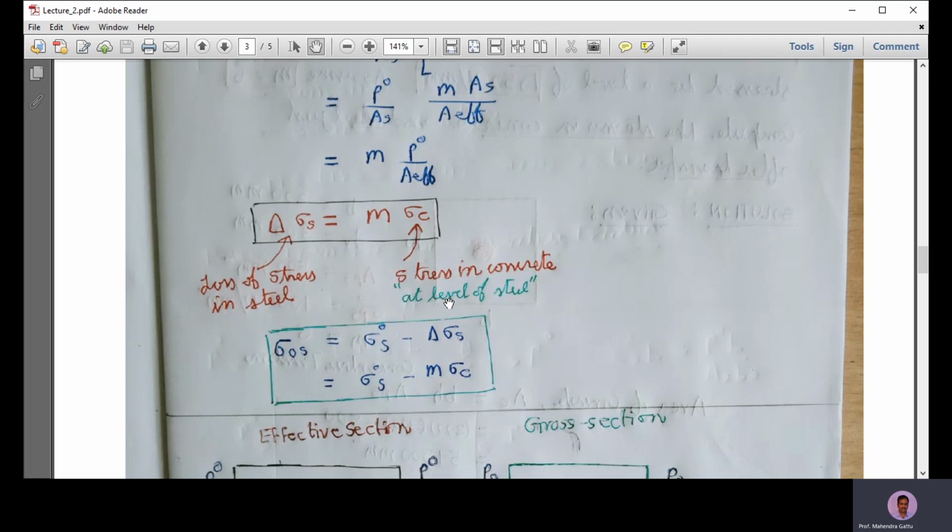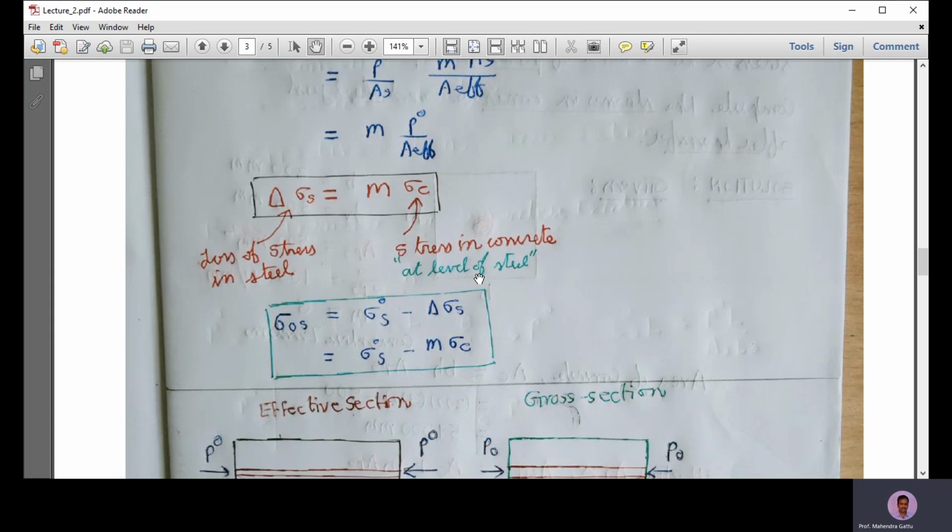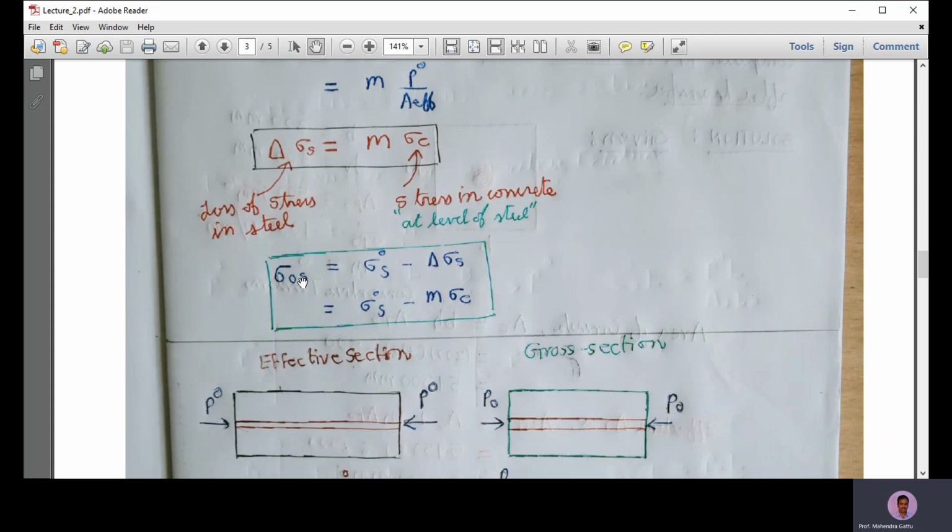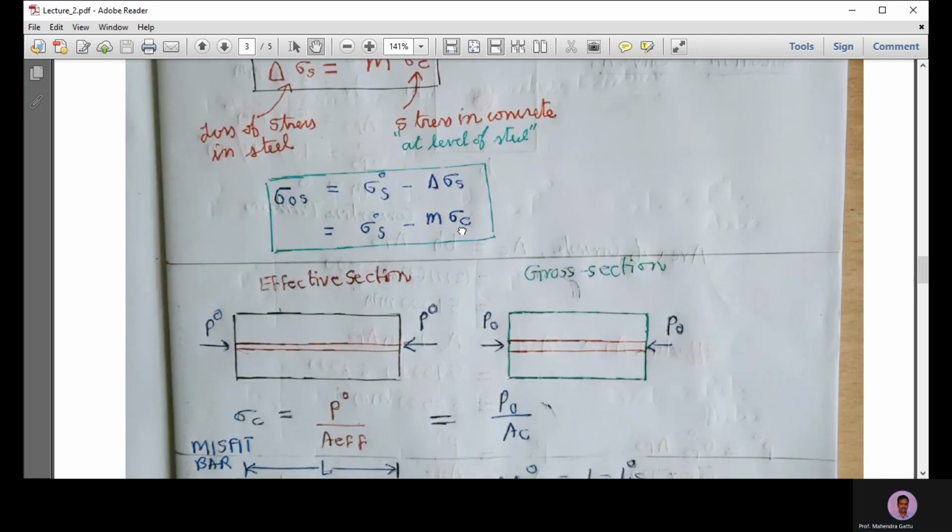Okay, so that's why I'm writing at the level of steel. When we do eccentric tendons, we'll have to look carefully there. So for now, for concentric tendons, we just write delta sigma S, which is loss of stress in steel, is m times sigma c. So the final stress in steel sigma OS is initial stress, which is sigma superscript OS, minus delta sigma S, which is m times sigma c.